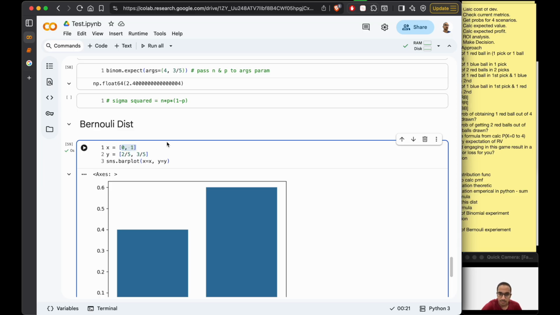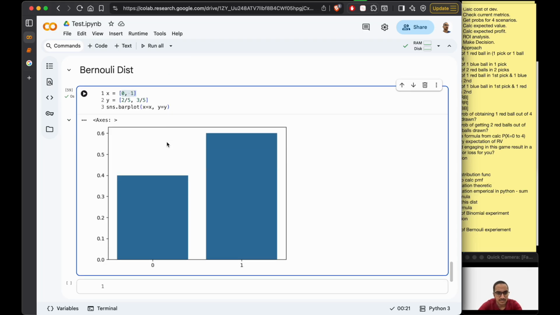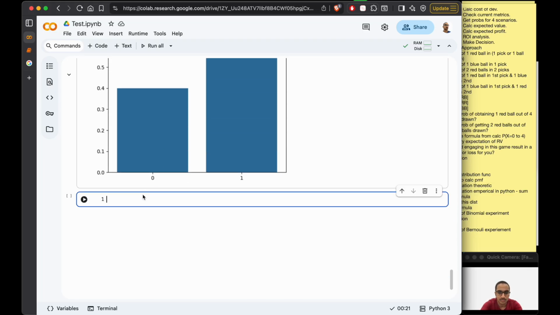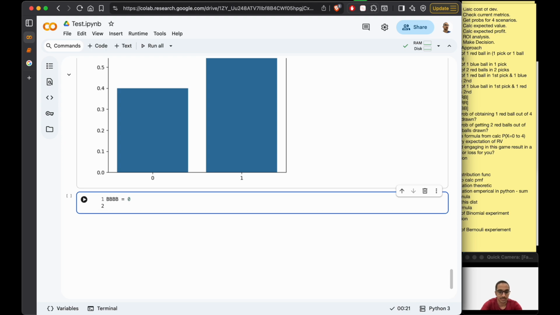But for binomial, since it is nothing but a series of Bernoulli trials, you can have something like this. In the first trial, say I got blue, blue, blue and blue. I have 0 successes here. In the next trial I have blue, blue, blue and red. I have 1 success.